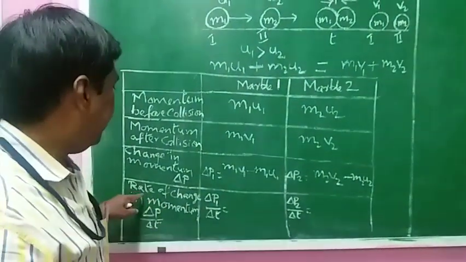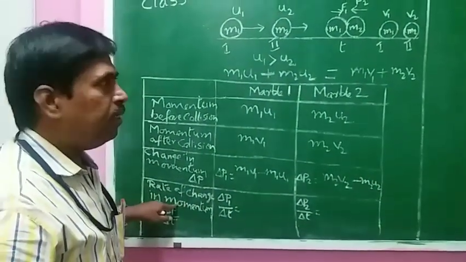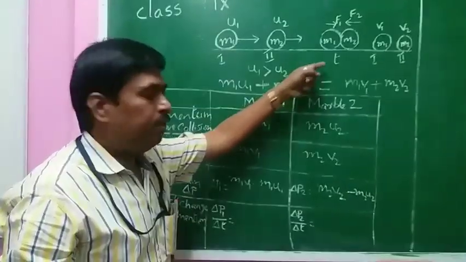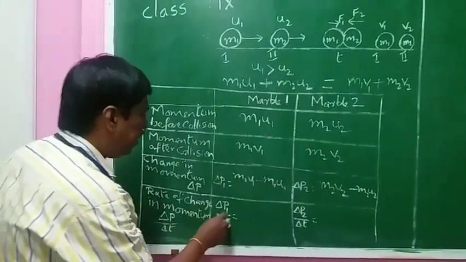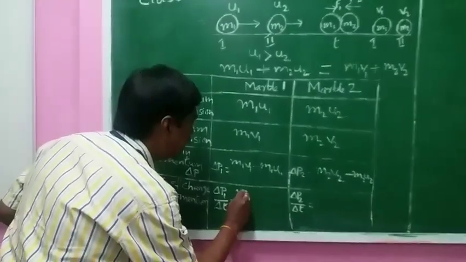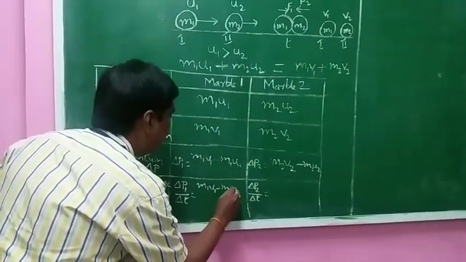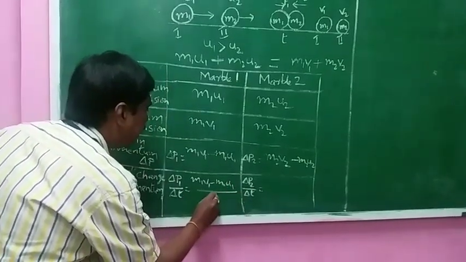Next, you have the rate of change in momentum. Rate of change in momentum is the ratio of change in momentum to time. So the rate of change in momentum for marble 1 is m1 v1 minus m1 u1 divided by t, the time of interaction.